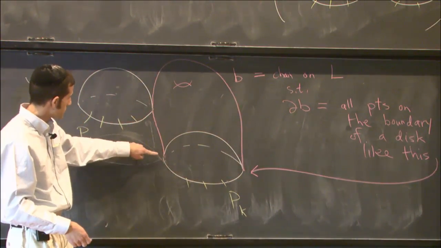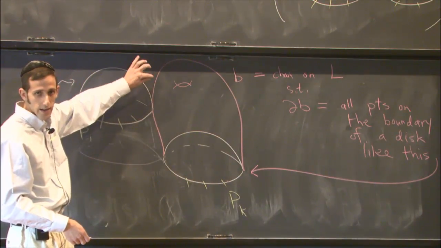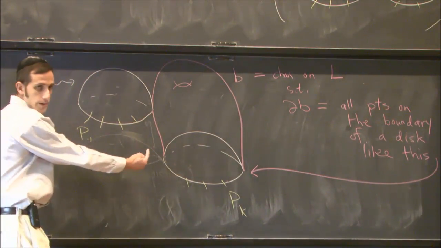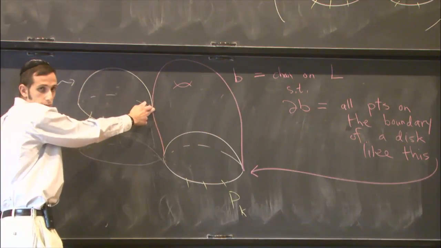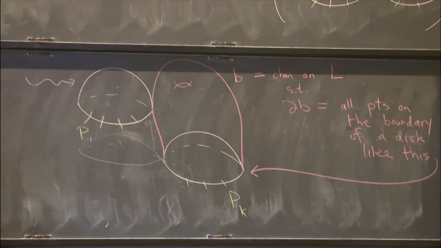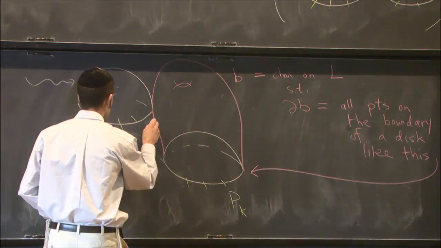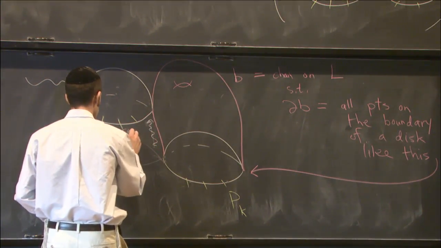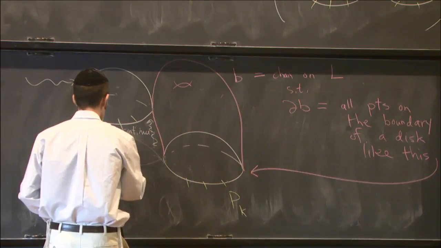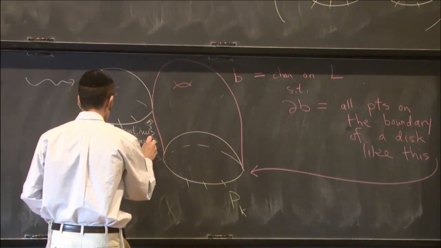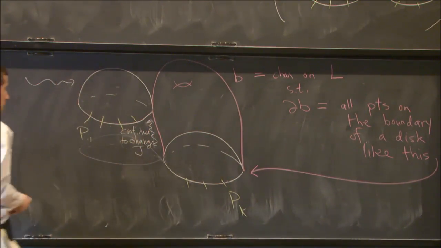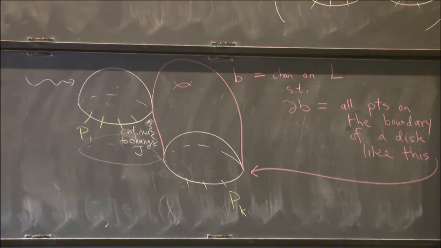But then as J continues to change, it's going to work its way into the inside. It slides up this bounding chain and gets up to here, which is some random J. So this is, continue to change J.